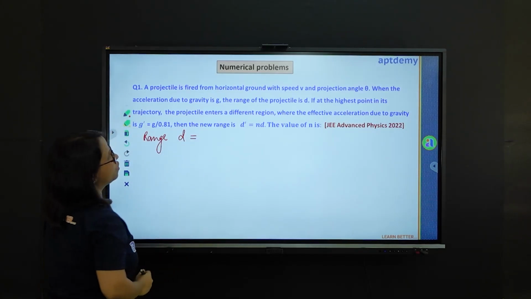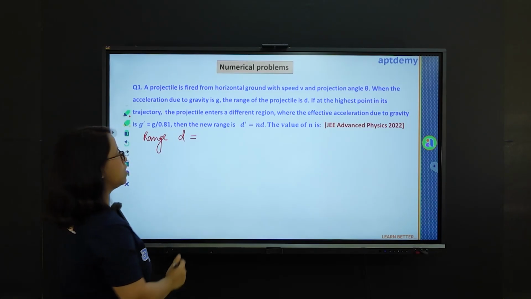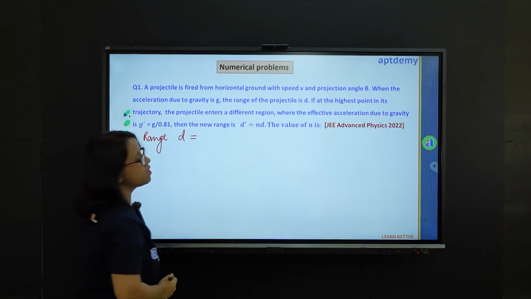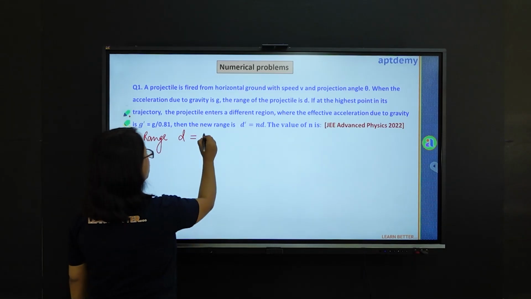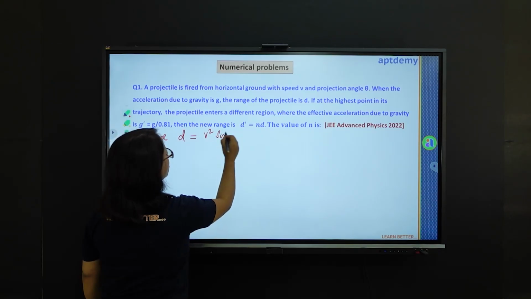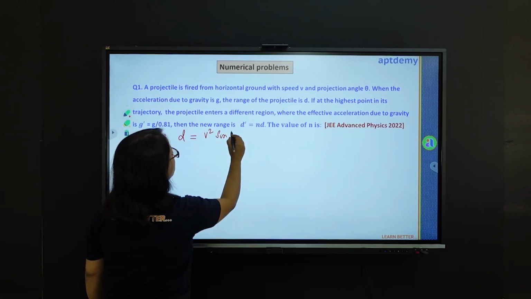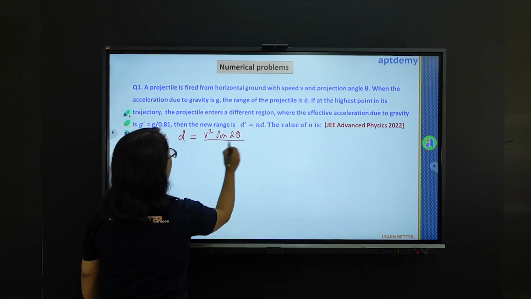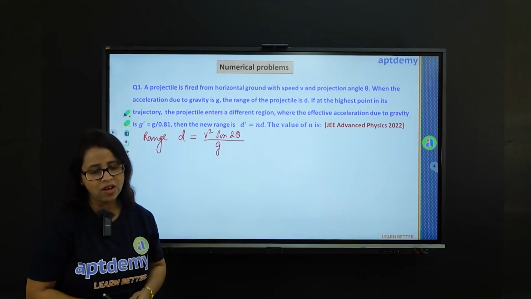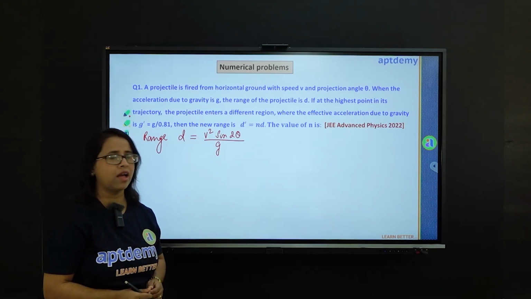D is equal to, the speed is v. So the formula for range was u square sine 2 theta by g. We have v coming up here, v square sine 2 theta by g. g is the acceleration due to gravity and theta is the projection angle.